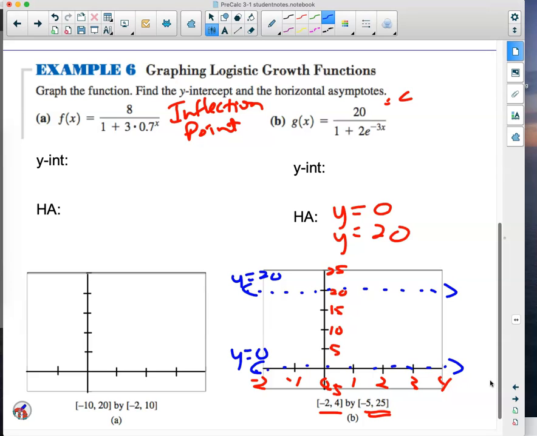And now we'd want to know some points that actually are on the graph itself. And we could start with the y-intercept. Remembering that anytime you graph on the y-axis, it has the coordinates 0 and then some number. So that means we want to put a 0 into this function and see what we get. Well, negative 3 times 0 will be 0. Anything to the 0 power is going to be 1. So 2 times 1 is 2. 1 plus 2 is 3. We'll get 20/3.